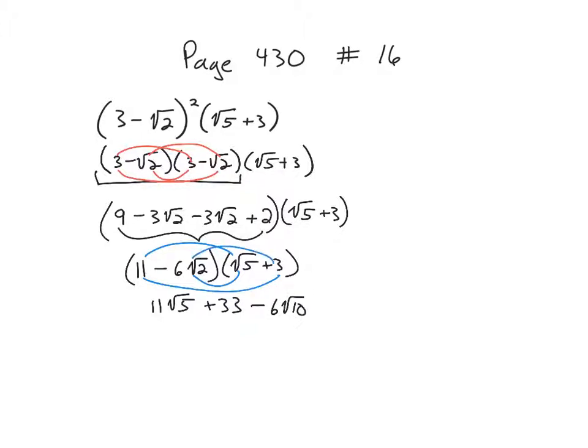And here's my L, which is minus 18 radical 2. Now in looking at these, I can see that I've got a radical 5, a radical 10, and a radical 2. These are not like radicals, and they're all simplified already, so my final answer is going to be this right here.